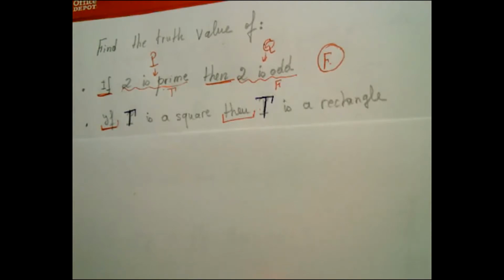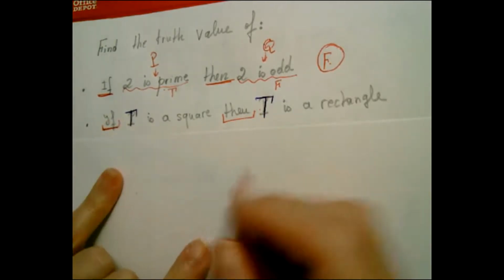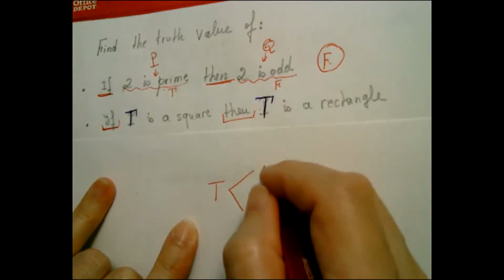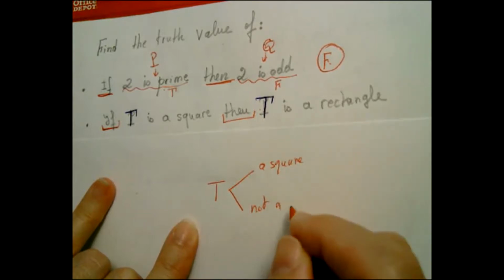Not necessarily. T is something in my head. T could be a square or not a square, right? Suppose we take two cases: T is a square, T not a square.